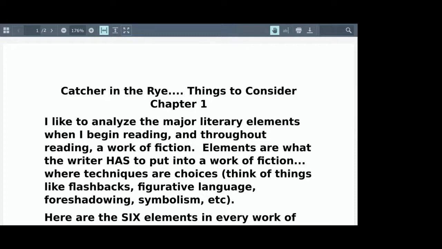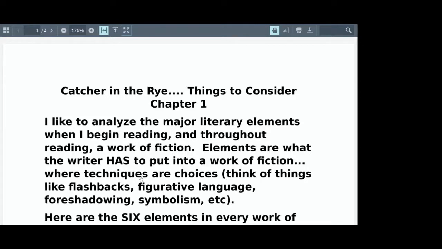There are things that I always consider, and we're going to come back to them as we read all of our books this year. So they should be things that you're familiar with, but I want to remind you of them. And again, we will be doing our literary analysis through the lens of these major elements. And then we'll also start weaving in literary techniques or writing techniques.